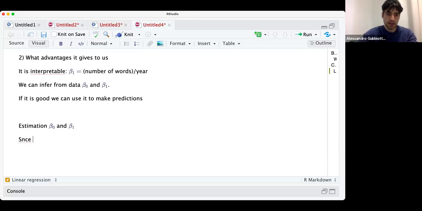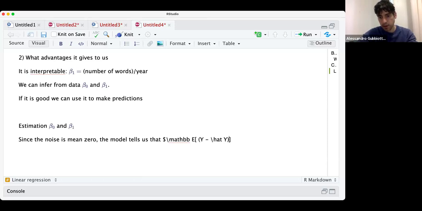So since the noise is mean 0, the model tells us that the expected value of y, our prediction, takes the minimum at this function here.